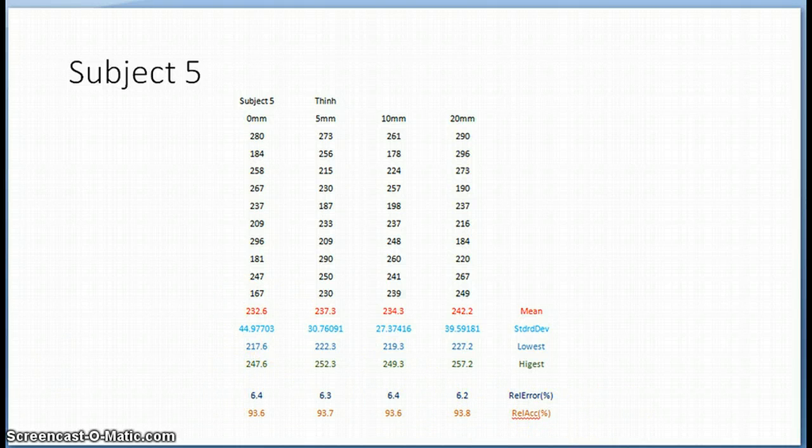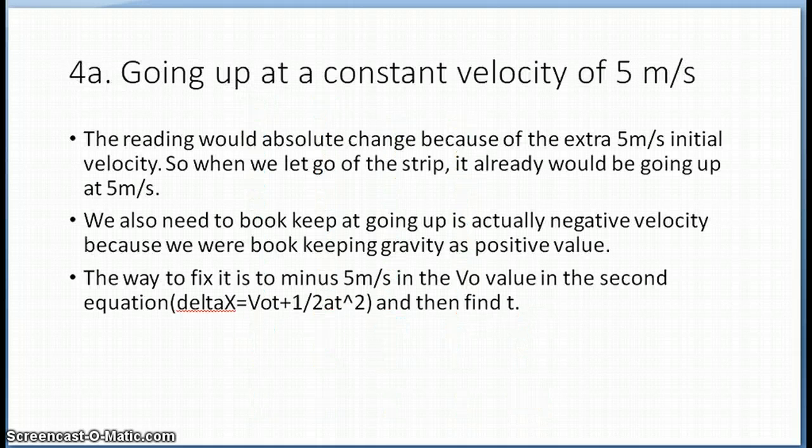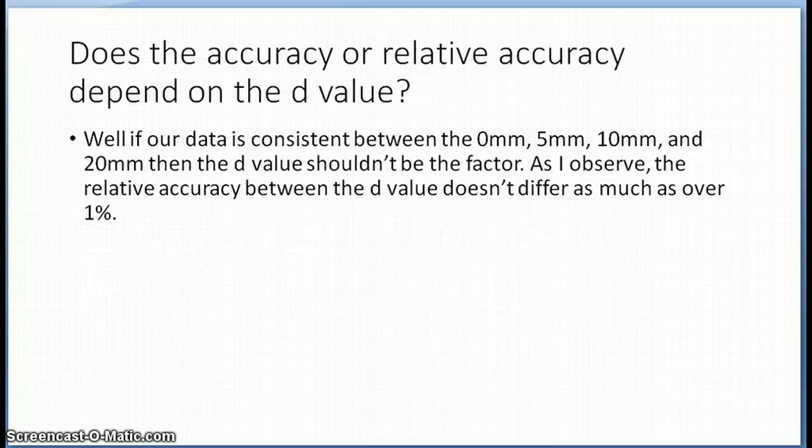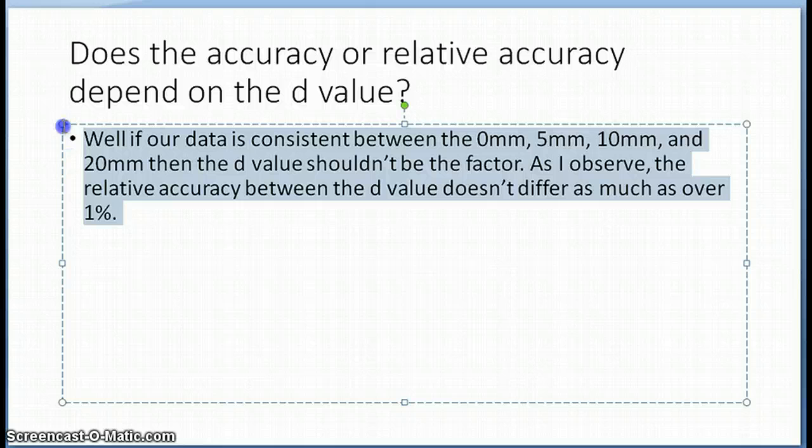It's about 1% in difference. Because it's still data from different times and different tries, it can't be the same. So this is a really small change. So I would say that the d value didn't affect that much.